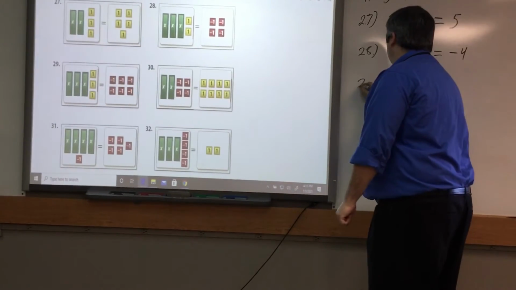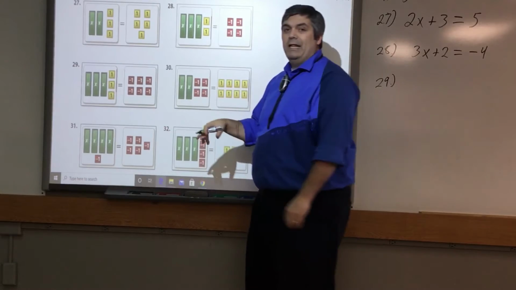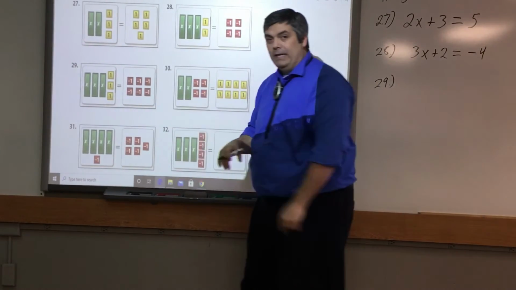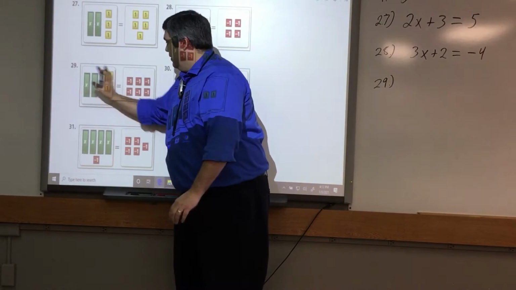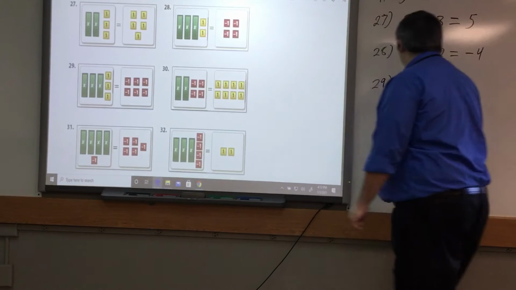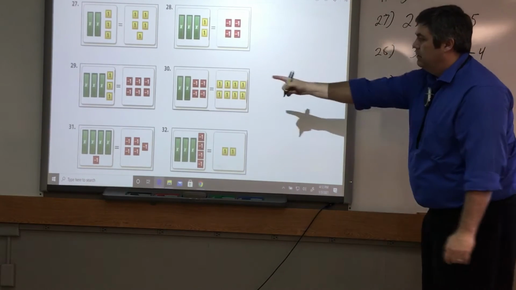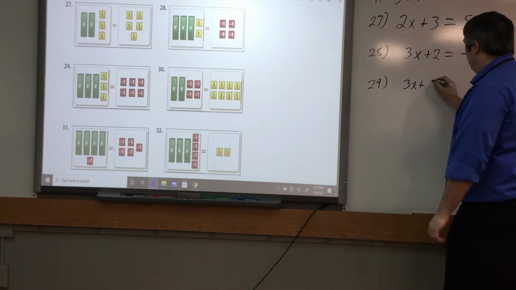All right, so 29. Again, this is the part where if you were in class, I'd say, okay, set this one up for me. That's what we would do, but we're looking at it. We have this side set equal to this side: 3 x's, 3x, plus 3 ones.